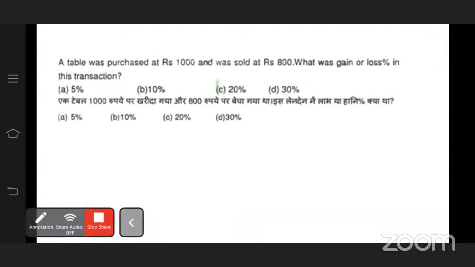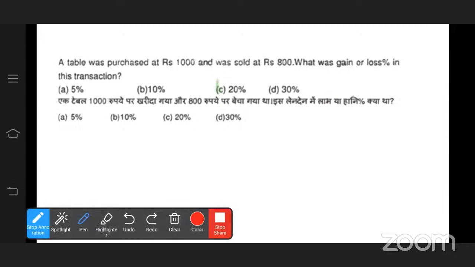Okay, listen. A table was purchased at 1,000 rupees and sold for 800 rupees. What was the gain or loss percent in this transaction? Okay, so listen.